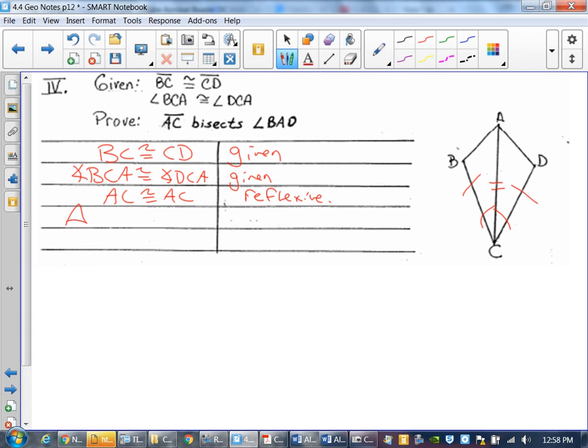So in order to get that bar, you had to come up with 1 step. You had to come up with reflexive. Everything else was given to you real quick. Now you have to think about what it means to show that AC is a bisector. So if this was a bisector of angle BAD, you'd have to first find that BAD angle.